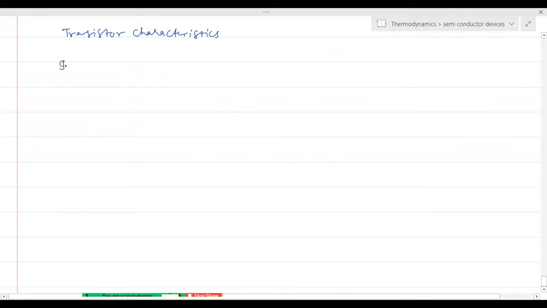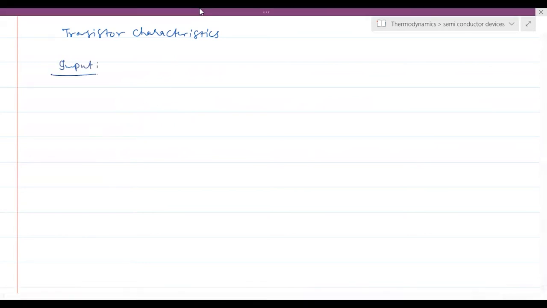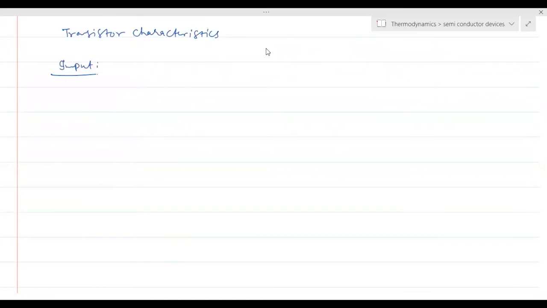When we think of input characteristics, they are very similar to that of a p-n junction diode. Here we will plot the graph between input voltage and input current.